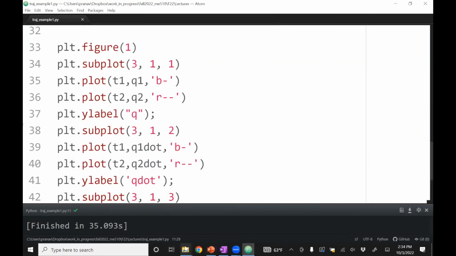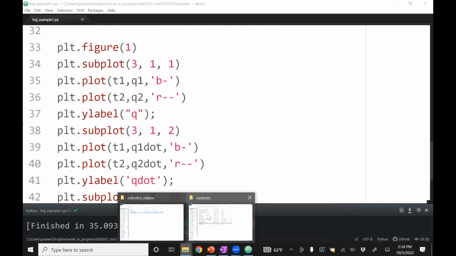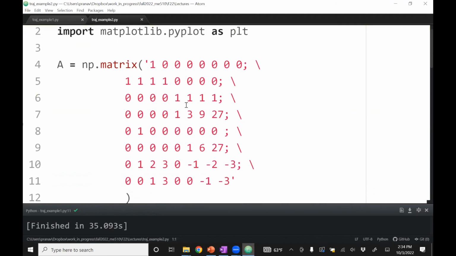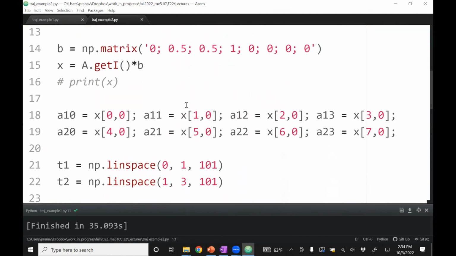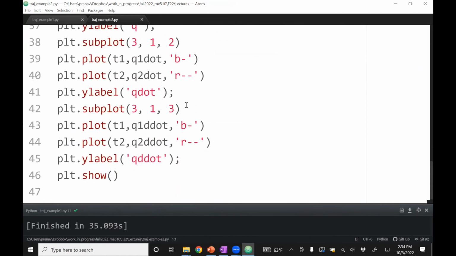Here is, on the same line, code which does the second example. So again, the same thing. I have the A, B, which are hand coded, and then do a plot.